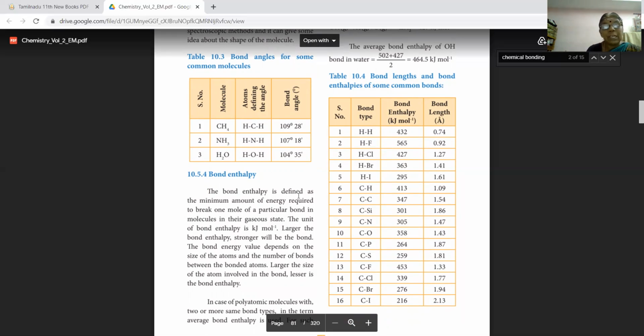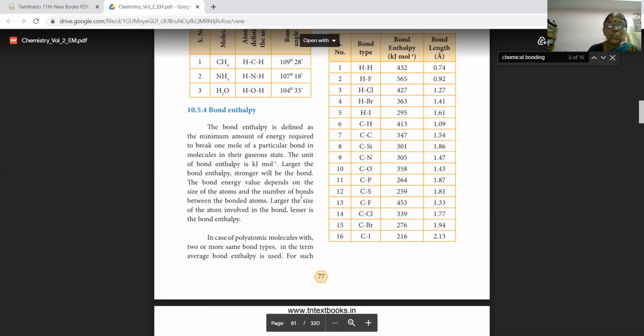The bond energy value depends on the size of the atom and the number of bonds between the bonded atoms. Larger the size of the atom involved in the bond, lesser is the bond enthalpy. In case of polyatomic molecules with two or more bonds of the same type, the term average bond enthalpy is used.